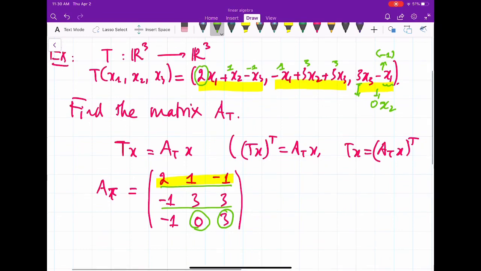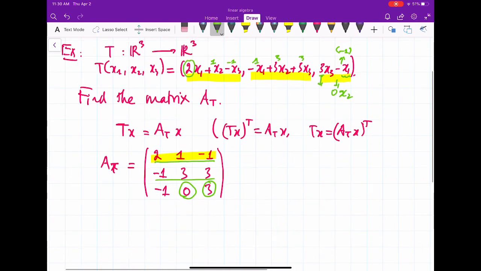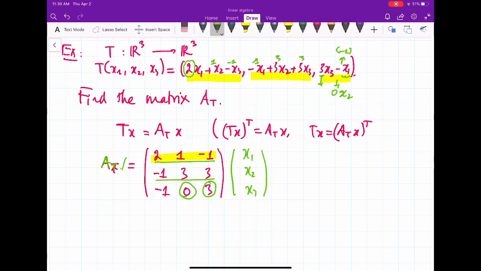Okay, let's verify that. That is A_T. Now let's apply A_T to x1, x2, and x3, so let's say x. This is 3 by 3, and we have 3 by 1 in here. So at the end, you should have a 3 by 1 matrix.